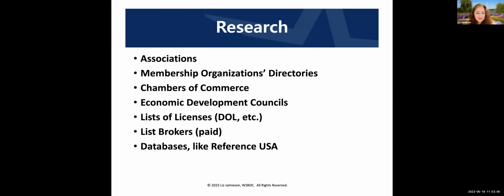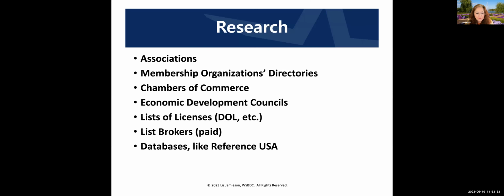You can look in association lists, membership lists online, membership directories, right? Where your avatar client or ideal client is a member. Might be a Chamber of Commerce directory online or an Economic Development Council. You can also use the list of licensed businesses, if your state publishes one, for instance.